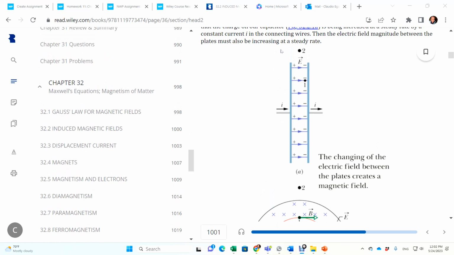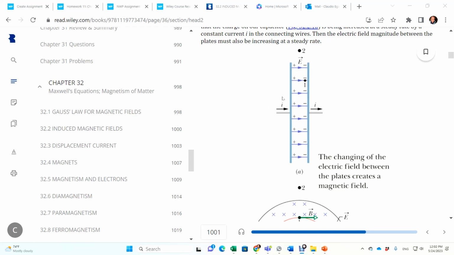If you were to solve that equation for a loop in the region between the plates, you would find no physical current whatsoever.